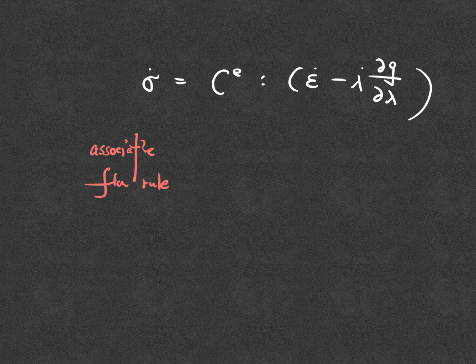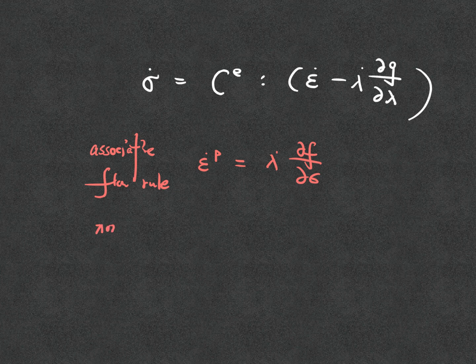What is the associative flow rule? We are assuming that the plastic strain rate equals lambda dot times the stress gradient. So the gradient of the yield function with respect to the stress gives you a direction identical to the flow direction of the plastic flow.